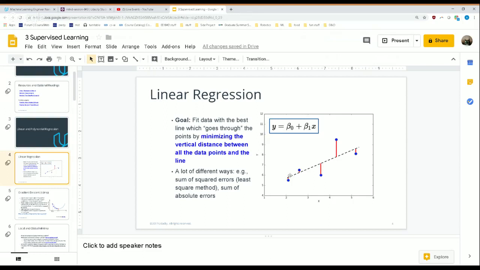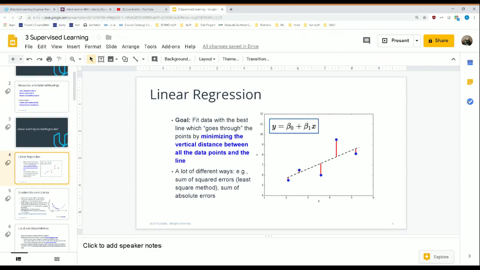And let's say that the data itself looks very linear. Then what you're going to try to do is fit a line with the equation y equals beta 0 plus beta 1 times x, and then try to modify beta 0 and beta 1 such that the line best fits the data.